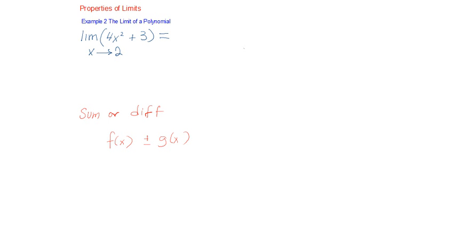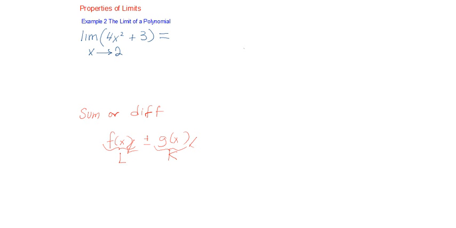and the limit of this function is L, and the limit of this function is K. If I evaluate this function, and I evaluate this limit, and this limit, I can just add the limits or subtract the limits.